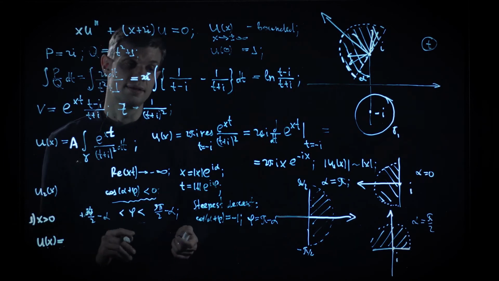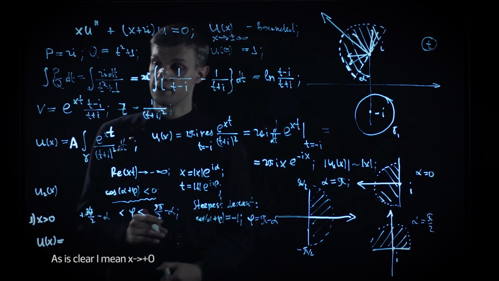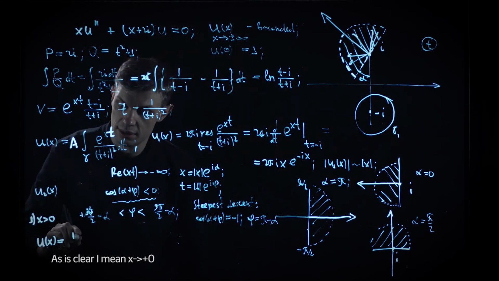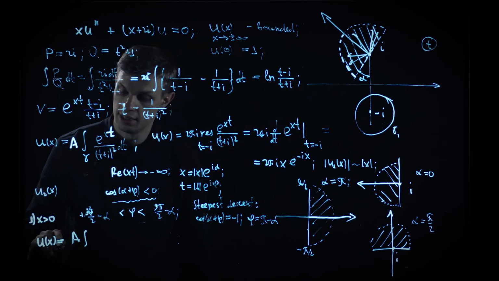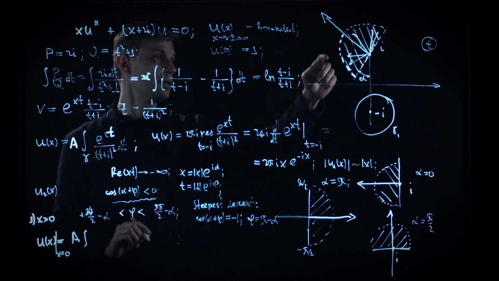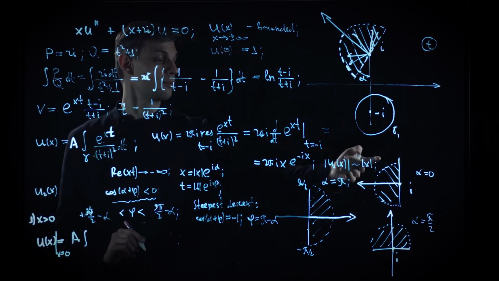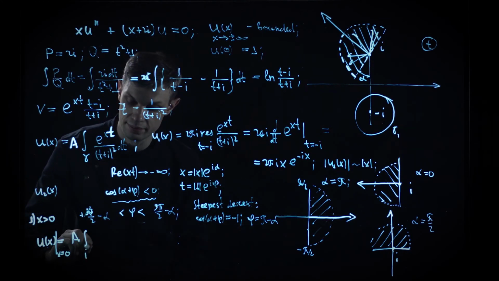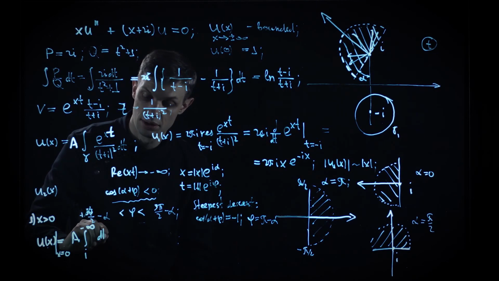We'll see that the normalization doesn't depend on the value of x. Then the integral is a at x equals 0 from point I to, in this particular case for positive x, infinity, minus infinity, dt over (t plus I) squared.